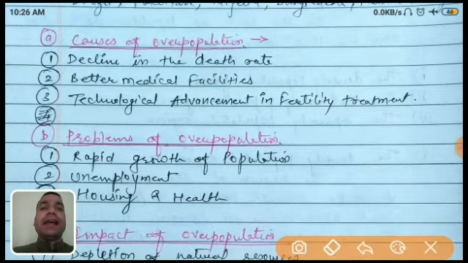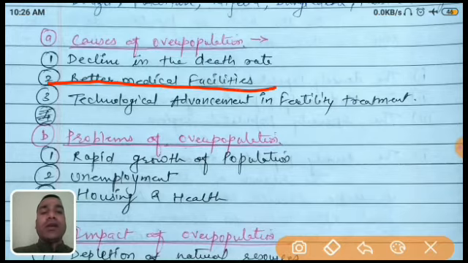The next one is better medical facilities. As I already told, because of the development of medical facilities, the death rate is now very low. Why? Because earlier the facilities were not that good. So at that time, when people had critical problems or serious diseases, they could not be cured.